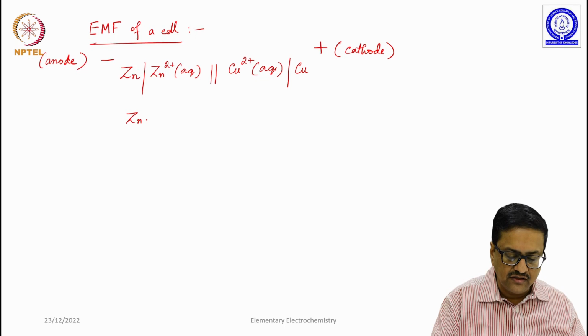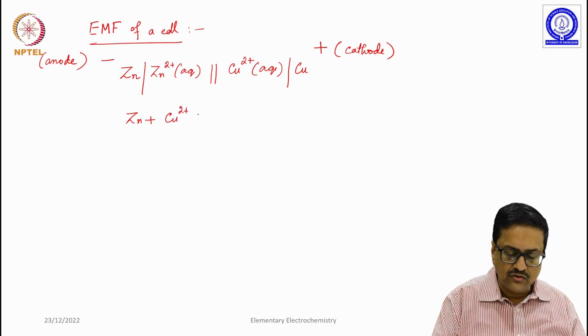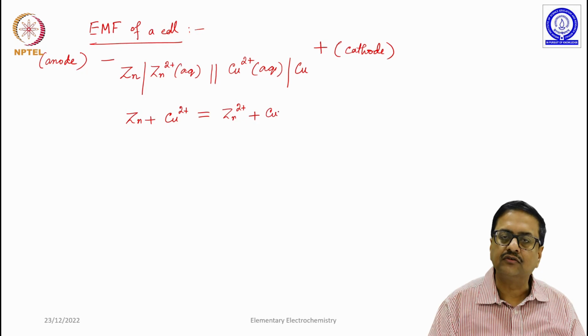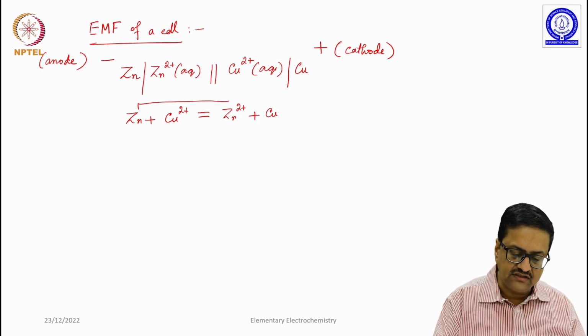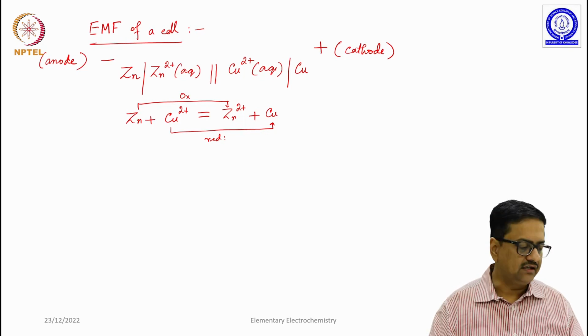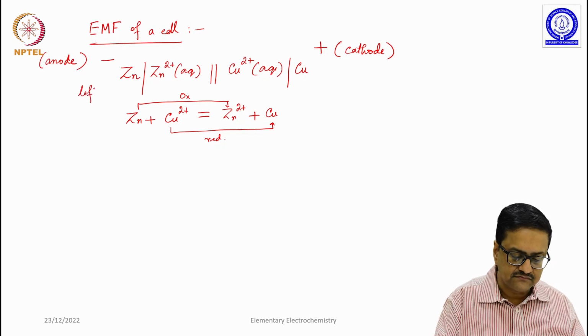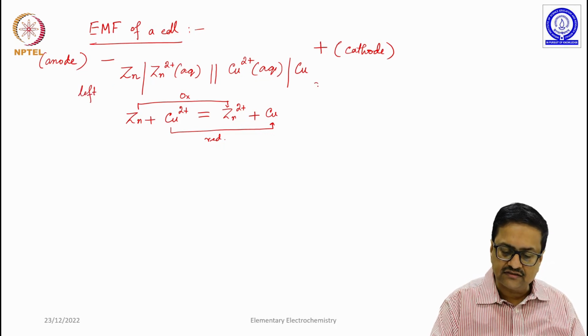So, zinc is getting converted to Zn2+, which is oxidation, and Cu2+ is getting reduced to copper 0, which is reduction. All of you can understand this. We call the electrode on the left hand side just left and the other one right.